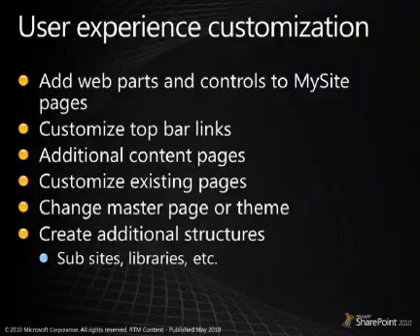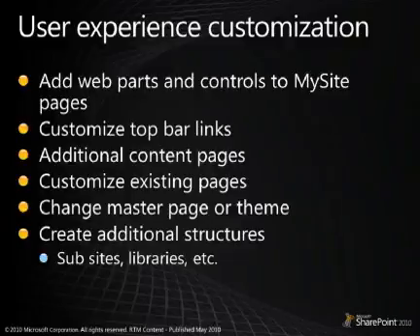So how do we actually customize MySites and what kind of options are available? We can add out-of-the-box or custom web parts and controls to the MySite pages. We can customize the top navigation bar links. We can create additional content pages. We can obviously customize the existing pages in the site.